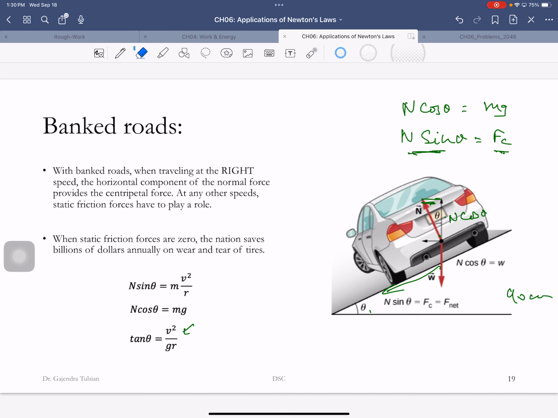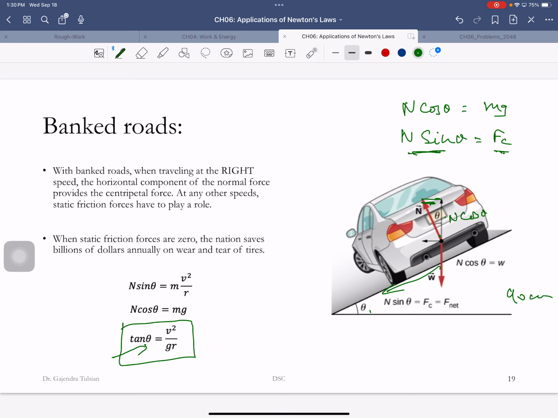All right, there's something interesting about this equation. Do you notice? So what is the bank angle for the car? That thing. What is the bank angle for a truck? Same thing.